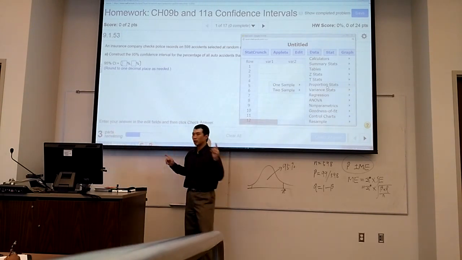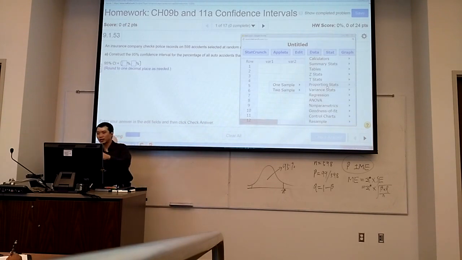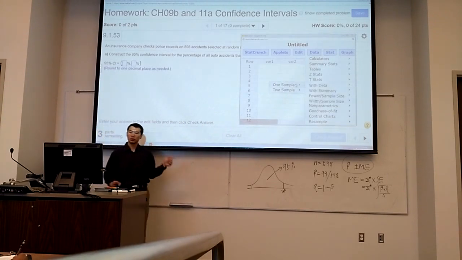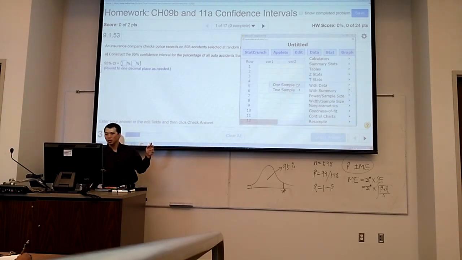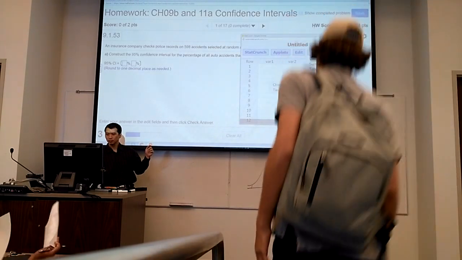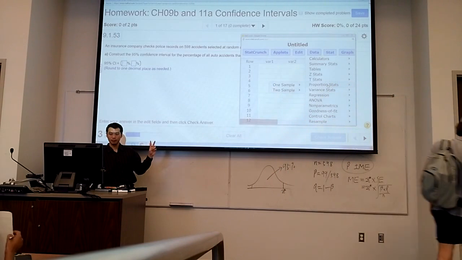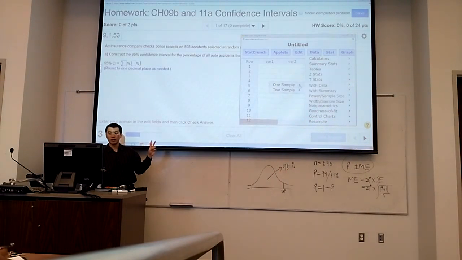Let's remember this function: Stat, Proportion Stat. For now, let's choose One Sample, then select With Summary. Let me do it again: Stat, Proportion Stat, One Sample.